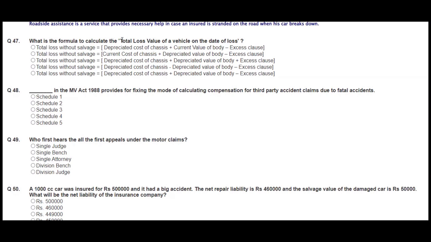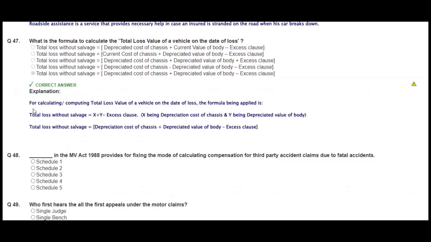What is the formula to calculate the total loss value of a vehicle on the date of loss? For computing the total loss value of the vehicle on the date of loss, the applicable formula is: total loss without salvage, x plus y, where x is depreciation and y is the depreciated value of the body. Total loss without salvage: depreciation cost of chassis and value of the body, and the policy excess.